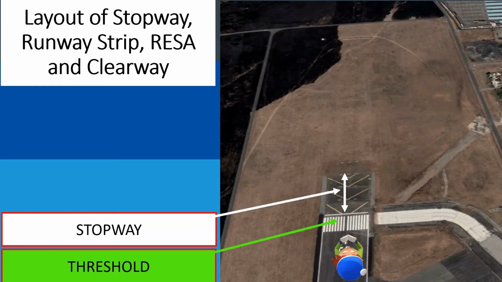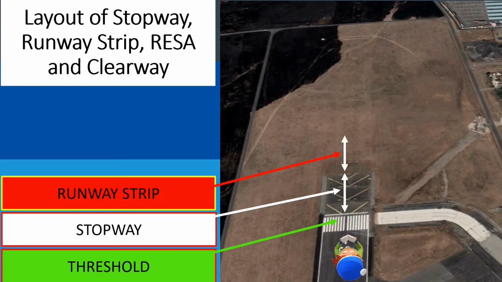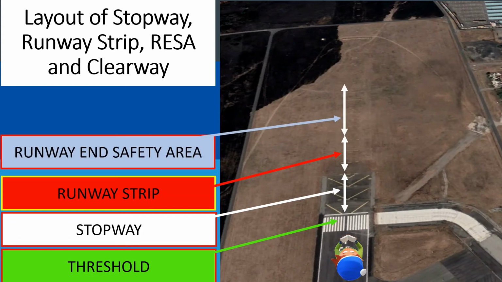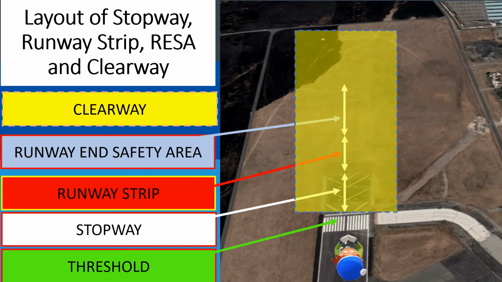The stopway is not mandatory, it may be there or not. But what you are also about to see beyond it is the runway strip. And beyond the strip, you have your runway end safety area. But the clearway covers this entire area. All these items you saw fall within the space of the clearway, except for the threshold. So the clearway starts just beyond the threshold and covers the space ahead of you. That is the clearway.